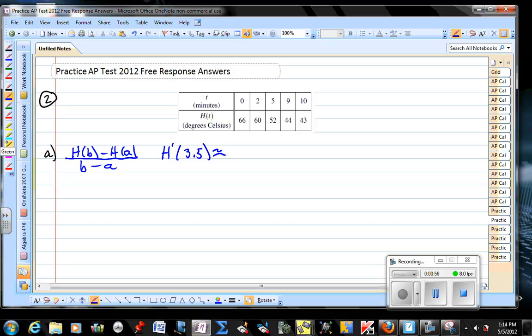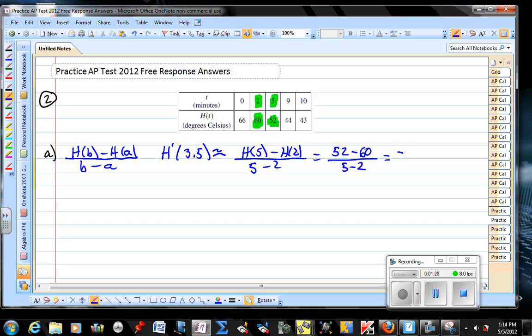Well, we can see that 3.5 falls in between 2 and 5 on the time axis. So our a and b values are determined. We're going to go h of 5 minus h of 2 over 5 minus 2. That's going to give us 52 minus 60 over 5 minus 2.